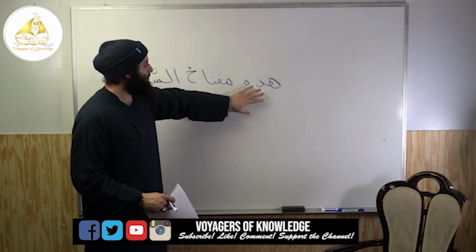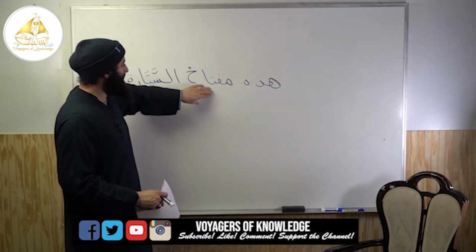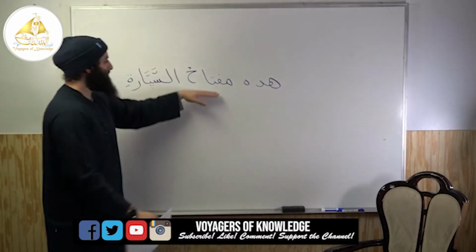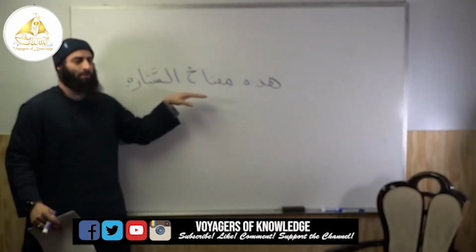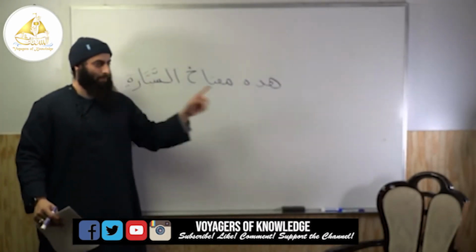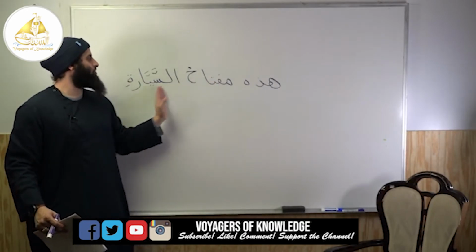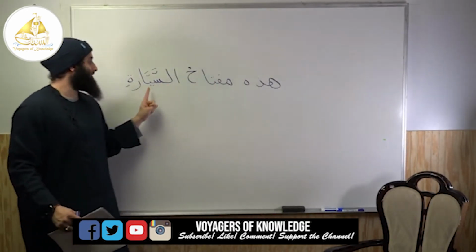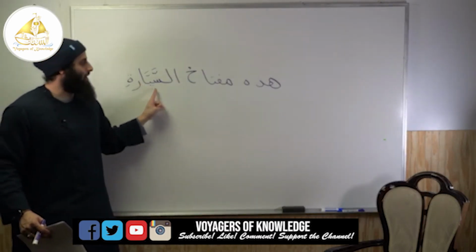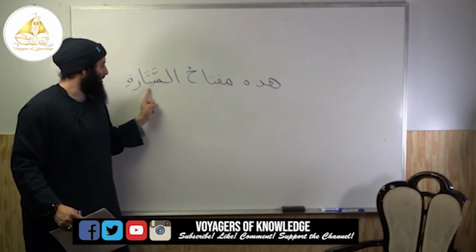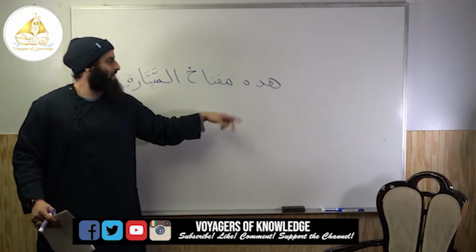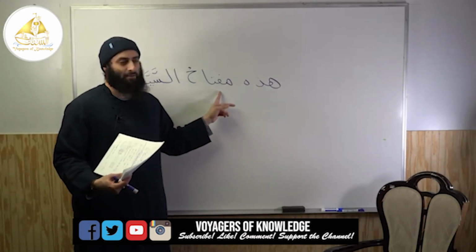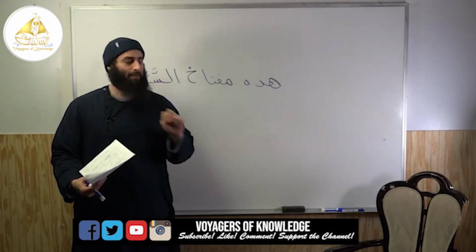So immediately when you see هذه مفتاح السيارة, take هذه out of the equation. مفتاح السيارة, what does that mean? Open car? No, just مفتاح السيارة. What's مفتاح? Keys. And this is the car. So the car keys. So you want to say, the car key, singular, miftah.